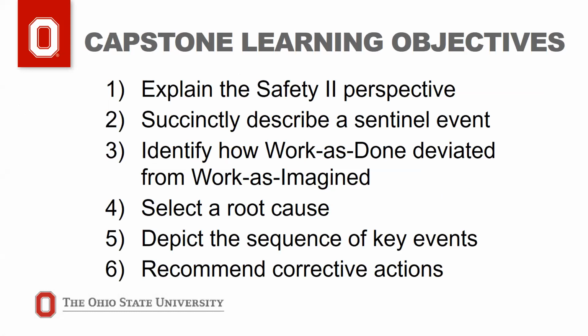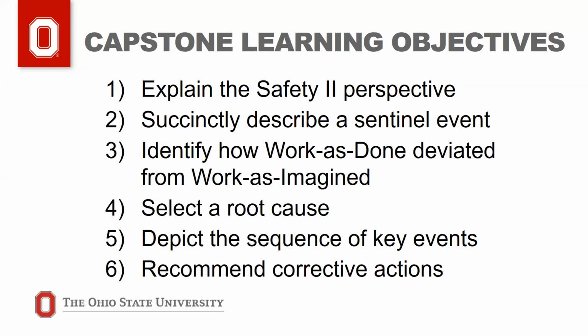Well, here are the learning objectives for this assignment. We want to lay out exactly what the Safety 2 perspective does in terms of analyzing a sentinel event in a way that shows knowing the difference between work as done and work as imagined, being able to fit into the Joint Commission framework of what is the root cause, explaining what the sequence of key events are, which is really an outcome of a Safety 2 perspective of thinking about what typically happens in these situations, what are the contrast cases.